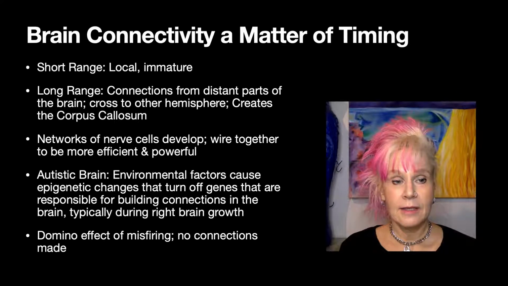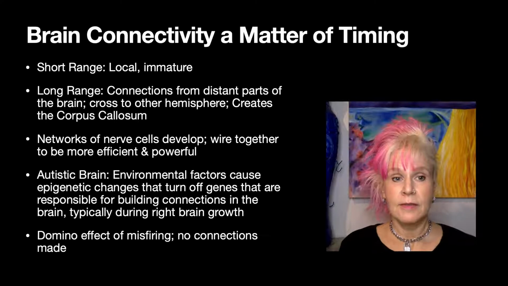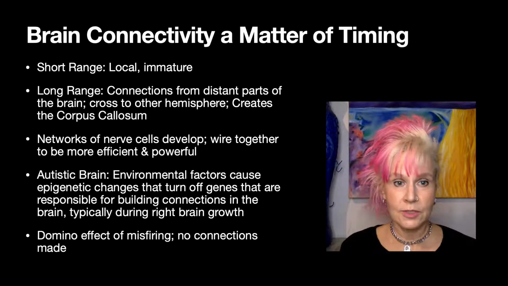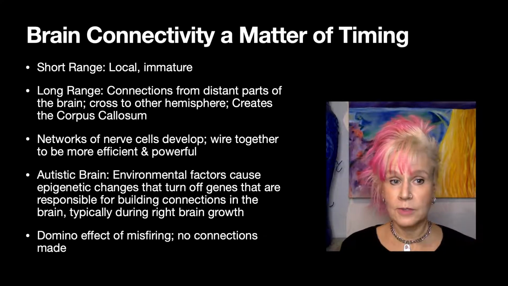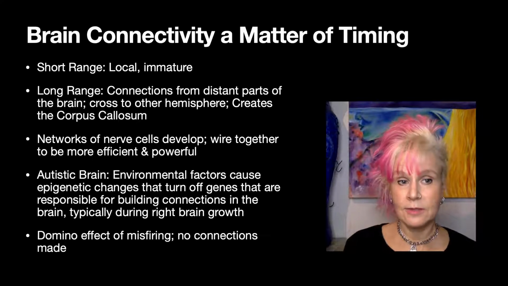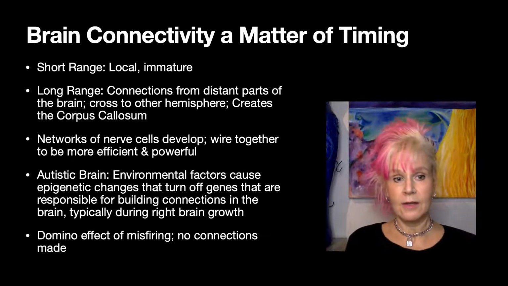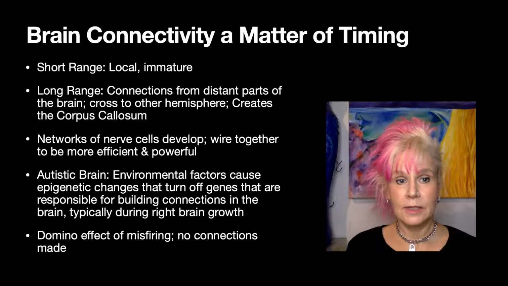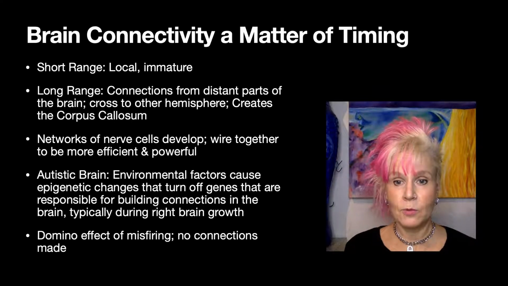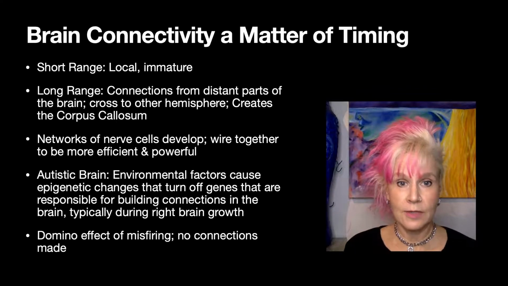Now, in an autistic brain, environmental factors cause epigenetic changes that turn off genes that are responsible for building those connections in the brain, typically during right brain growth. So remember, we talked about right brain starting in utero.